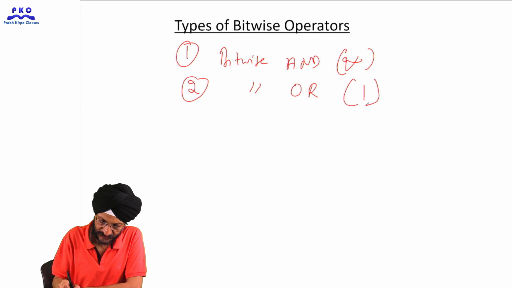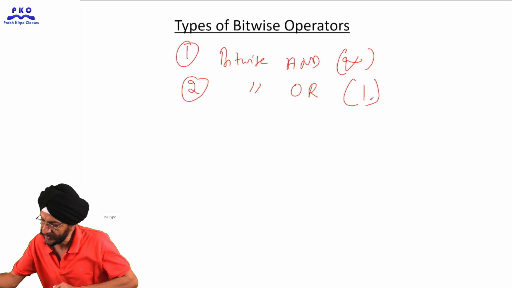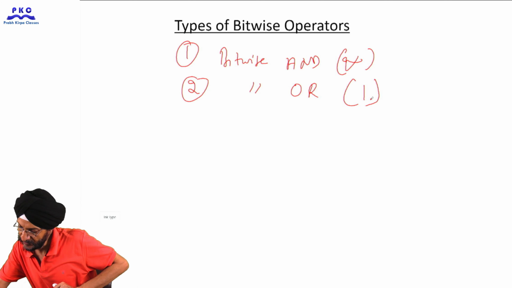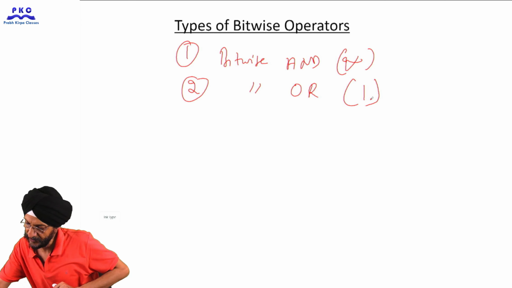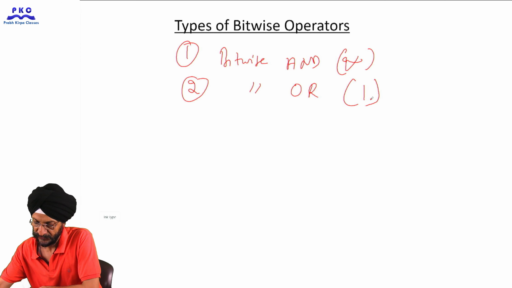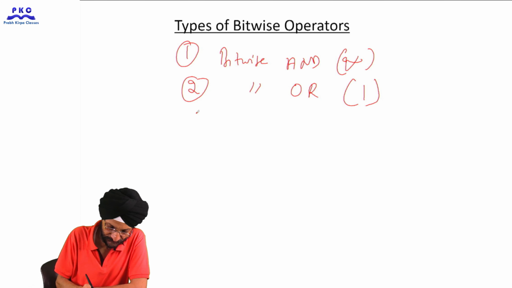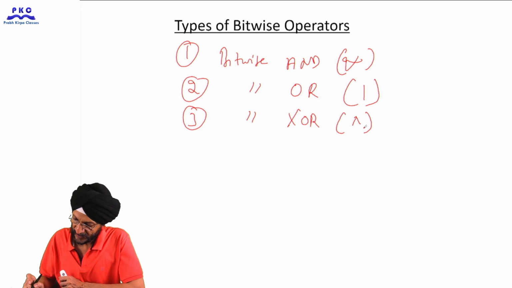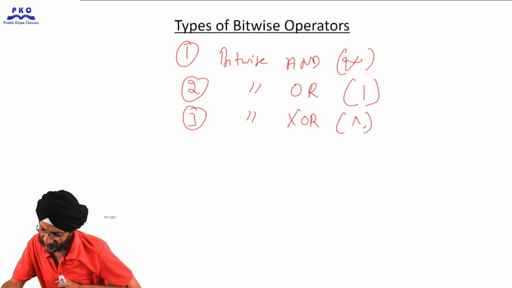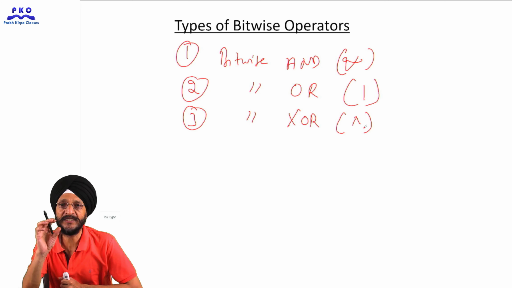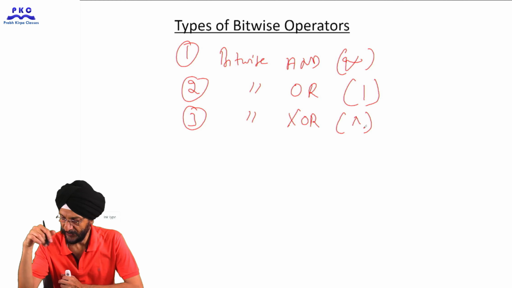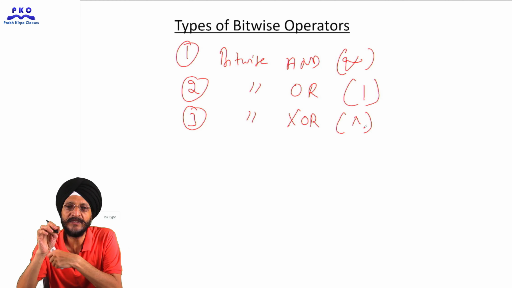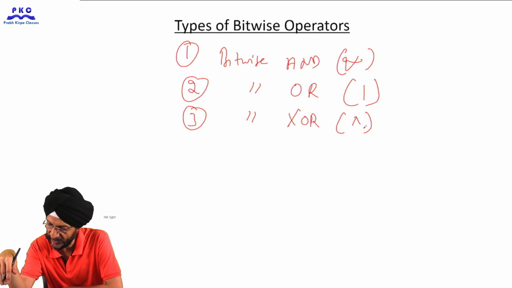Its symbol is this straight line which is given on the keyboard below backspace. Bitwise XOR is this symbol which is on the keyboard above the 6.